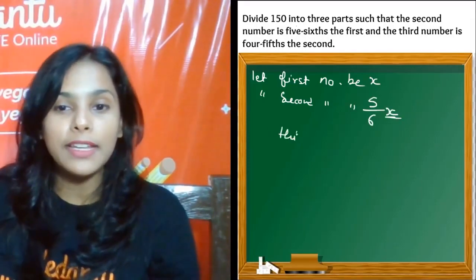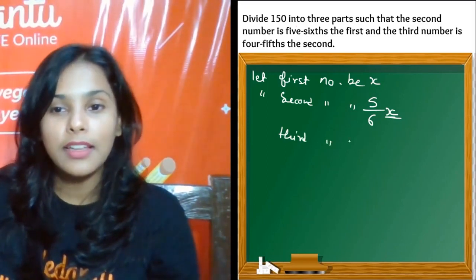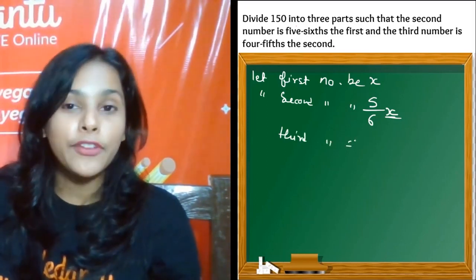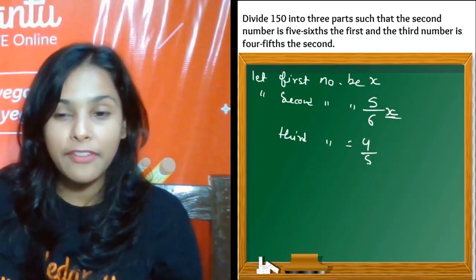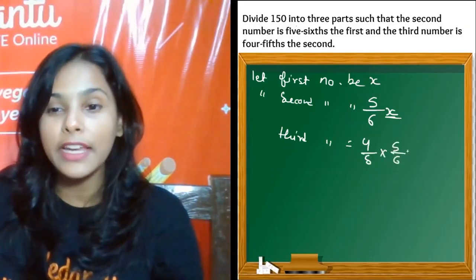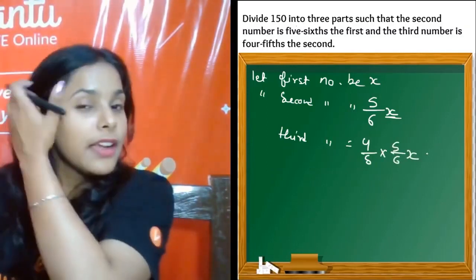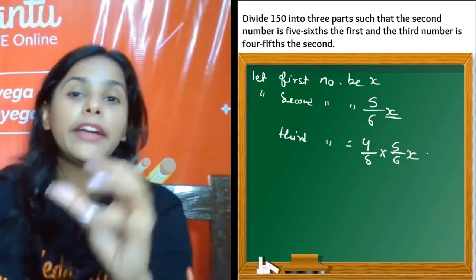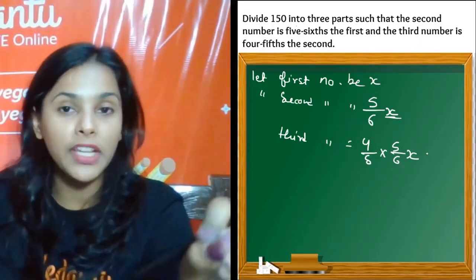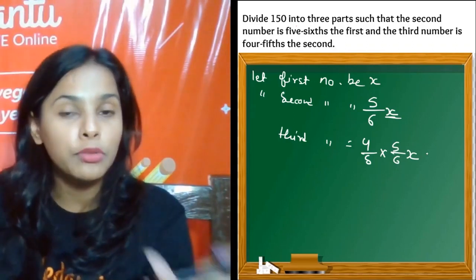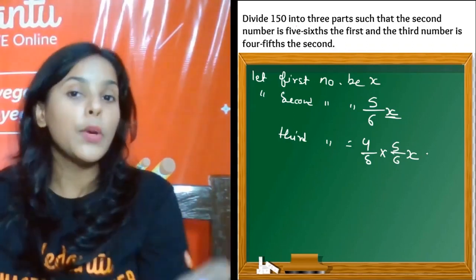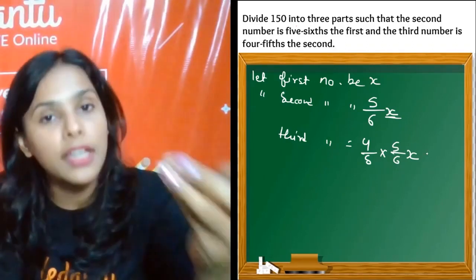Third part would be 4 by 5th of second, that is 4 by 5 into 5 by 6 x. Right? Now if you know that the sum would be equal to 150 because 150 was divided into 3 numbers, right? So if you add again these 3 numbers, you would get again 150.